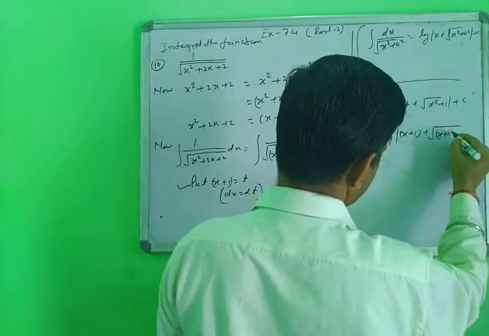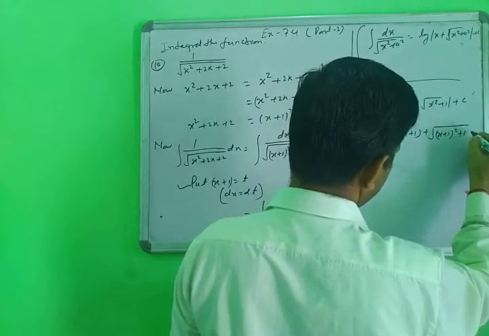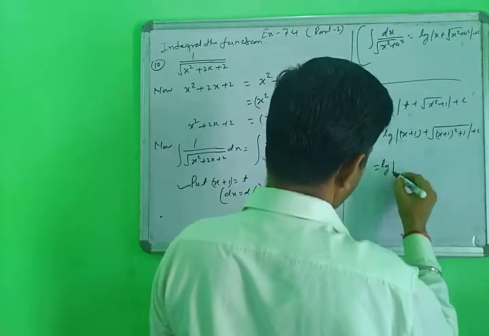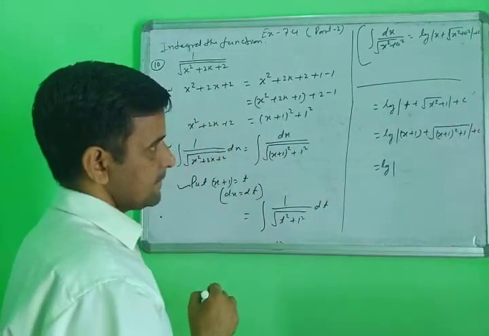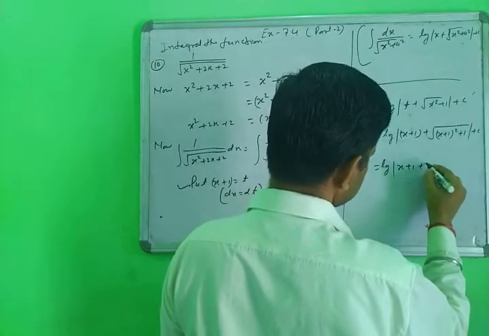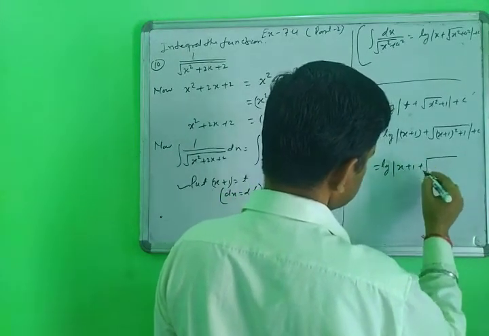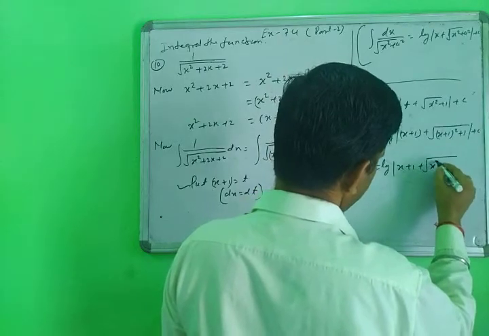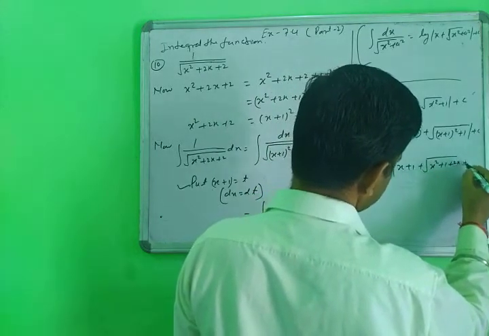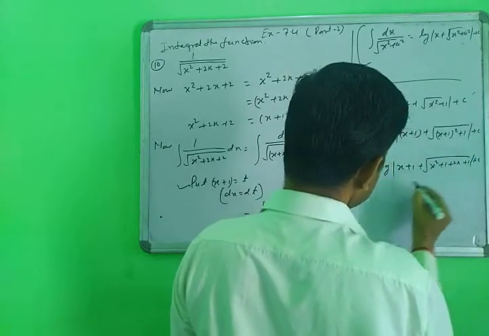x plus 1 whole square plus 1, mod, plus c. So log of x plus 1 plus root of x square plus 1 plus 2x plus 1, plus c.